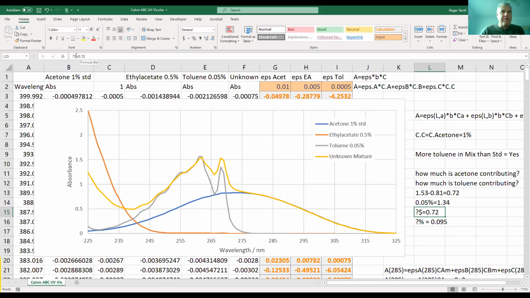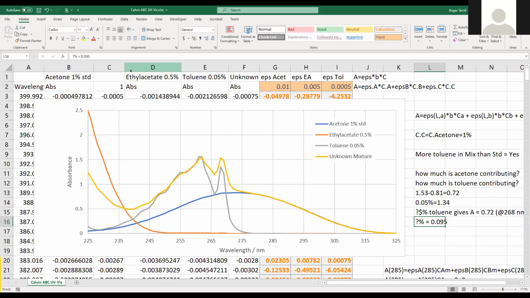What percent of toluene gives absorbance equals 0.72, and we're talking about at 268 nanometers, at the peak?